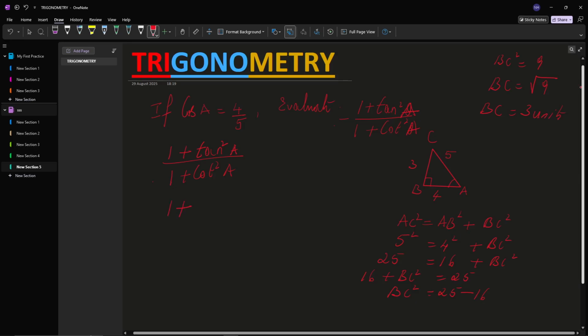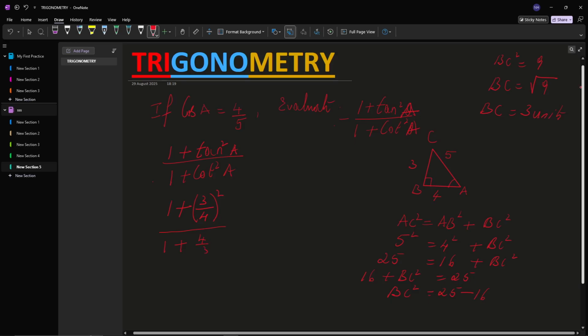So 1 plus tan square A. Tan theta is going to be opposite side divided by adjacent. Opposite value is 3, adjacent value is 4. So whole square, it is divided by again 1 plus cot square. Cot is the reciprocal of tan. That means adjacent by opposite.